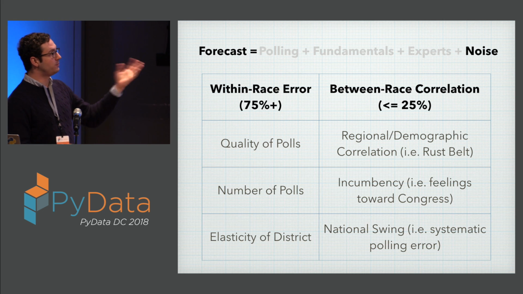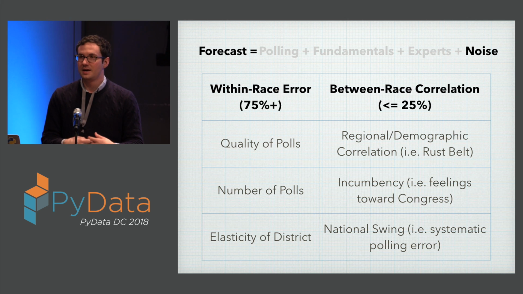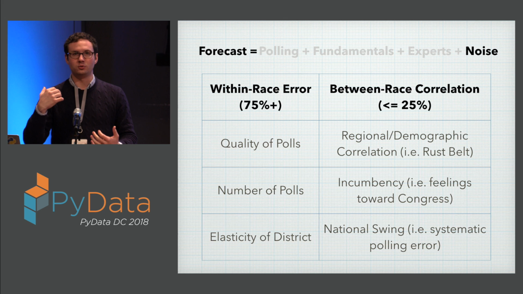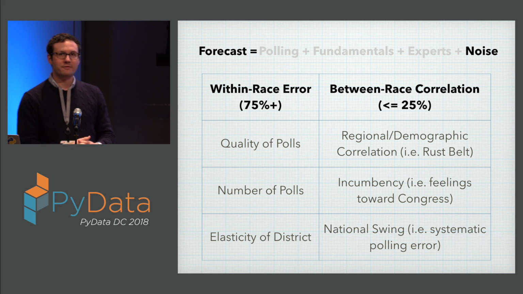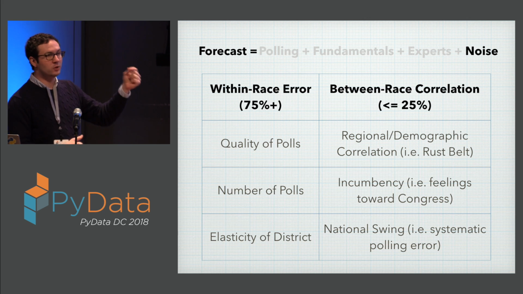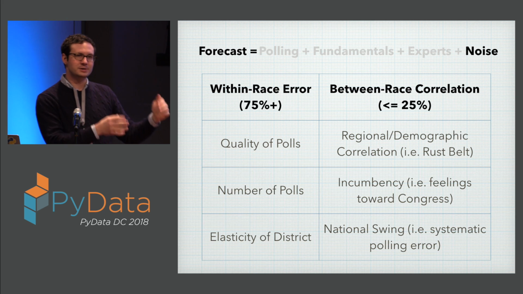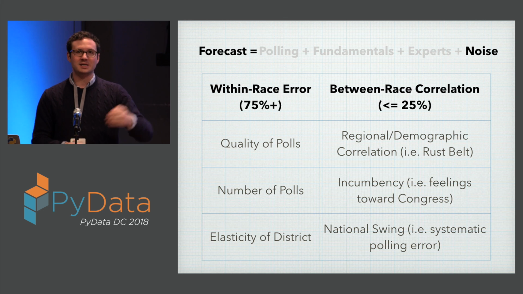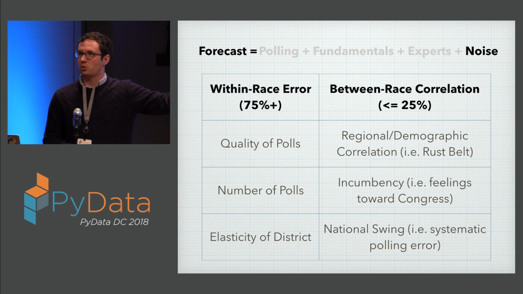So one example of this would be like the Rust Belt. If you think about the 2016 presidential election, it was widely believed that Secretary Clinton was going to pretty easily win that presidential election. However, one of the things that influenced the decision was this regional or demographic correlation. Whereas most organizations treated each state as independent of one another, 538 recognized that there's this between race correlation.